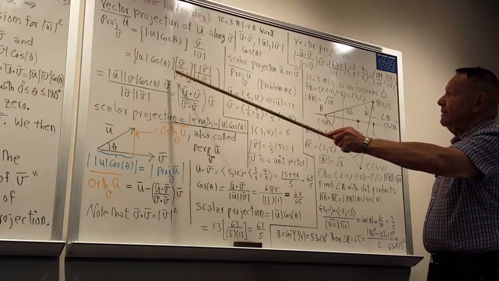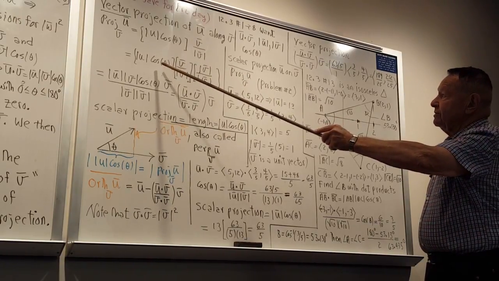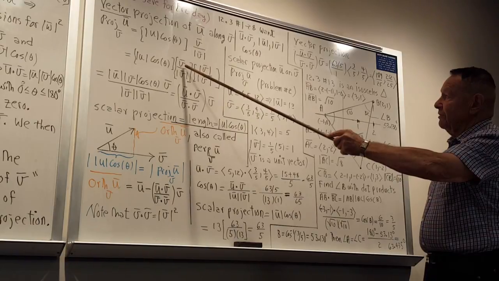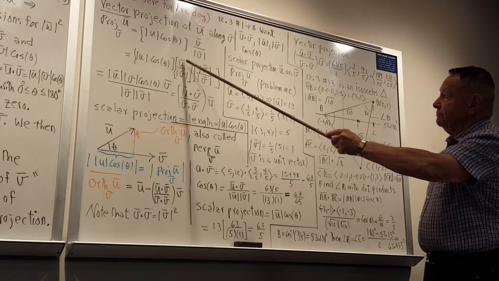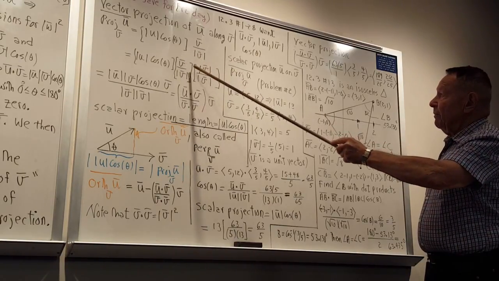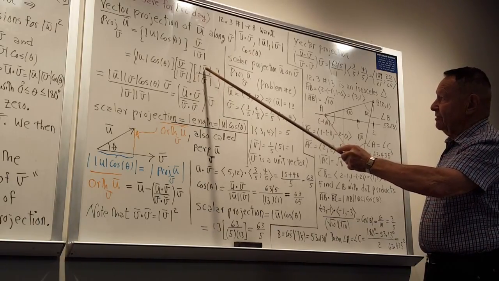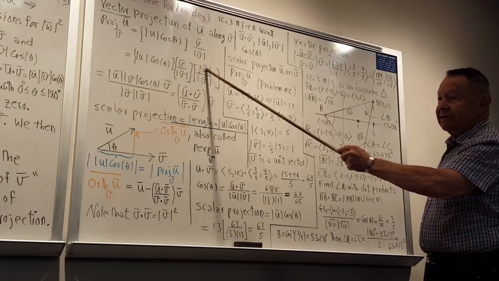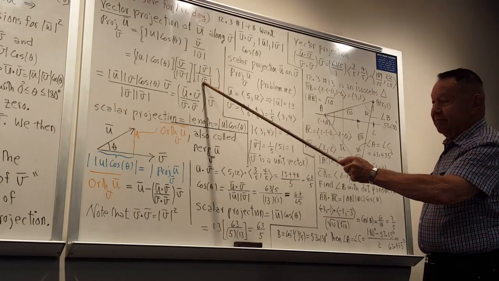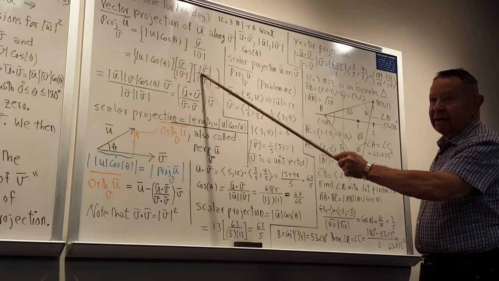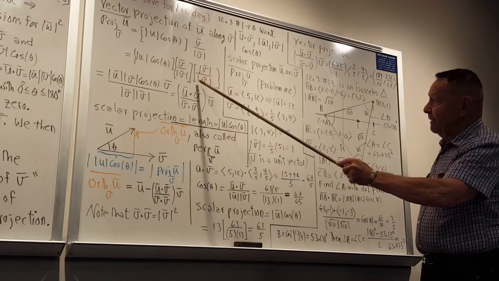So you could also, if you want to do trickery, multiply and divide by the magnitude of v. See, that's a number divided by itself. So you're just multiplying by 1, so that's legal.